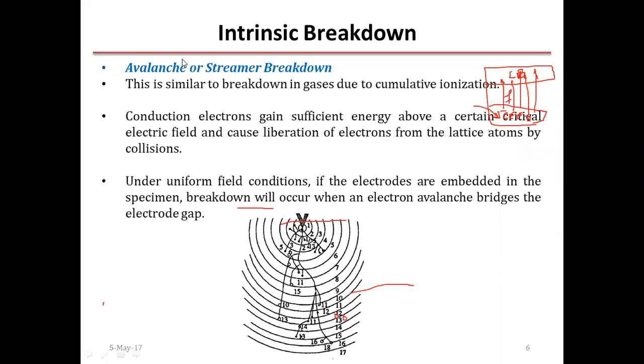But in the avalanche or the streamer, the electron gets energy from the external field, and these electrons also collide with each other, due to the manufacturing fault, and with the electrons present on the crystal lattice. These cause collisions with each other, and the cumulative ionization will occur. And this can be represented just like that.